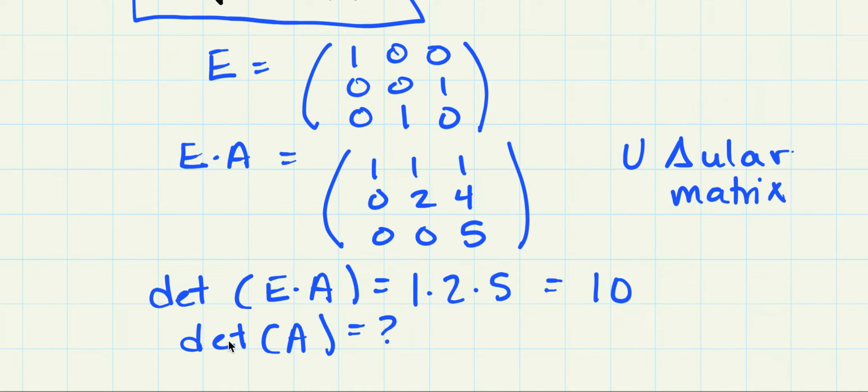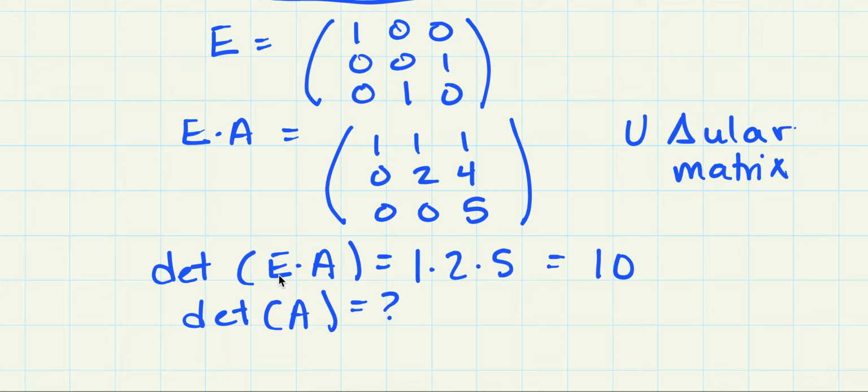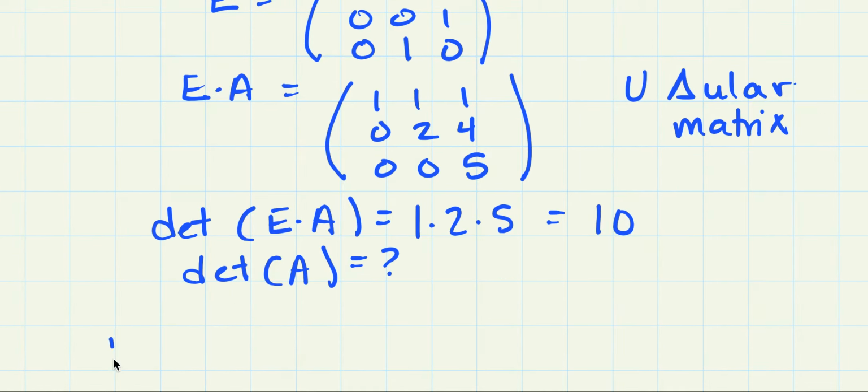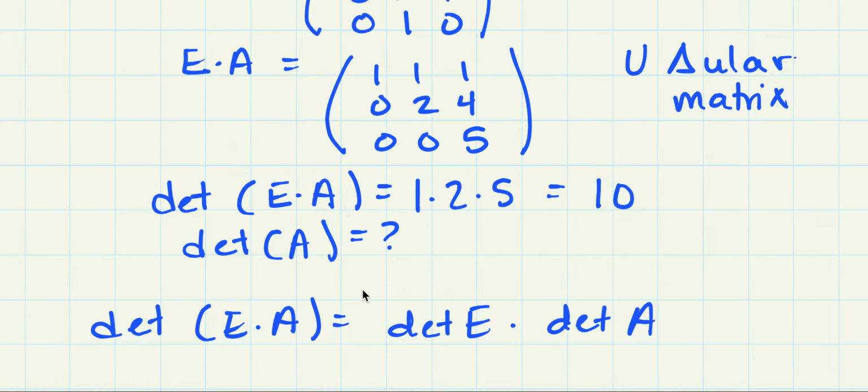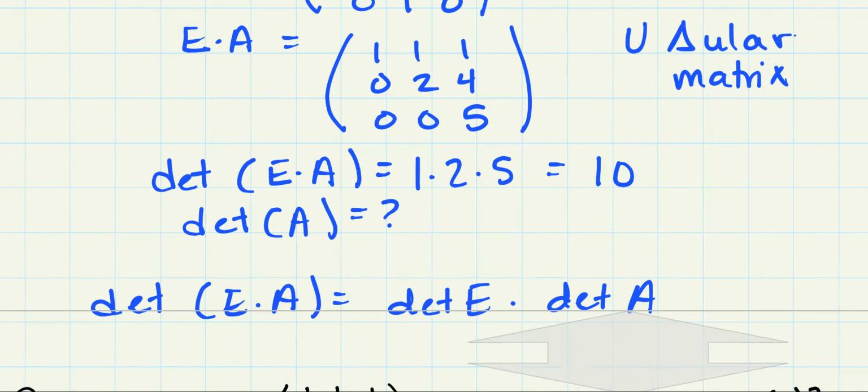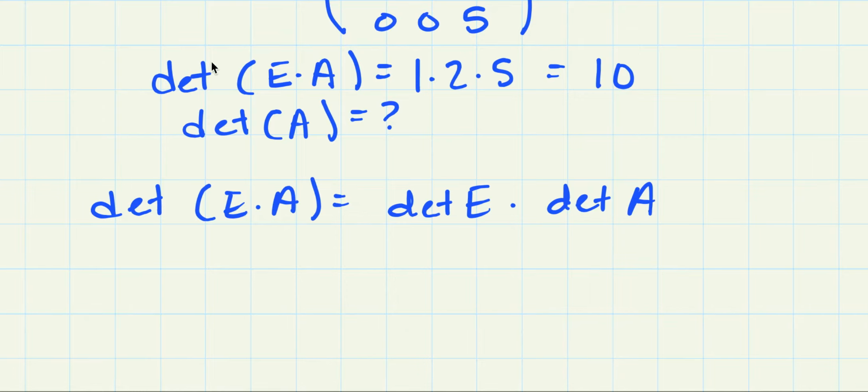Well, from what we've learned, the determinant of E times A is the same thing as the determinant of E times the determinant of A. So let's write that down. And we know that the determinant of E times A is 10. So we get that this left-hand side is 10.